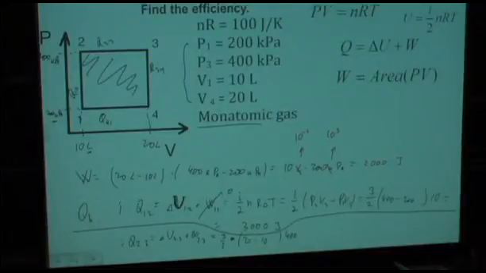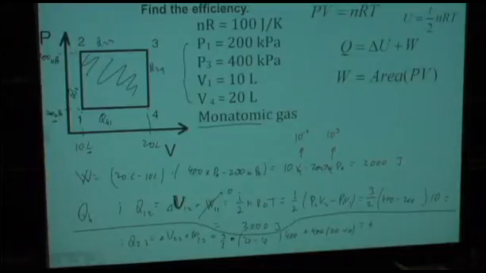That's only the energy part. Now we have to add the work, which is, again, same pressure, 400 times same volume change, 20 minus 10. 10 times 400, 4,000.